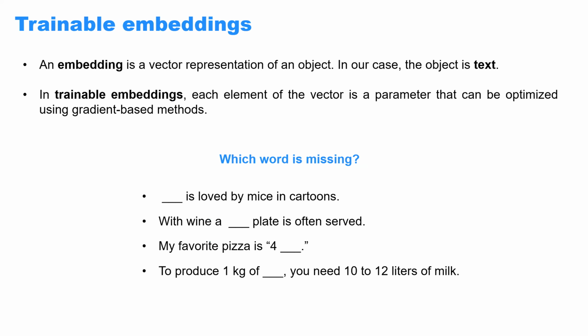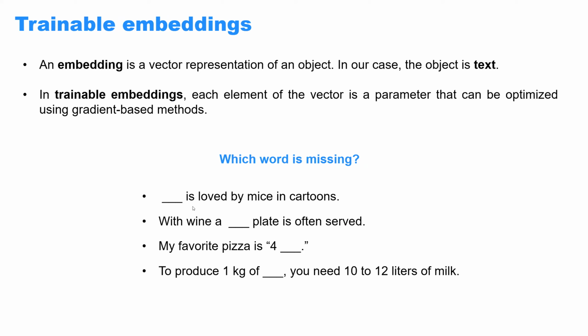But there are methods that can catch this semantic meaning. They're called trainable embeddings. The main idea of trainable embeddings is that we learn the embedding from the context of our text.